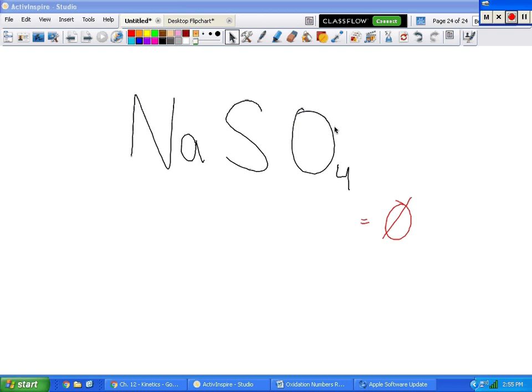How do you know? It's in group 1. So then keep reading. It says group 1s are always what? 1 plus. So here's what I want you to do. Remember, oxidation numbers, the answers are written where? On top or on bottom? On top. So right here. So we're going to talk about +1. So we know that sodium is +1.